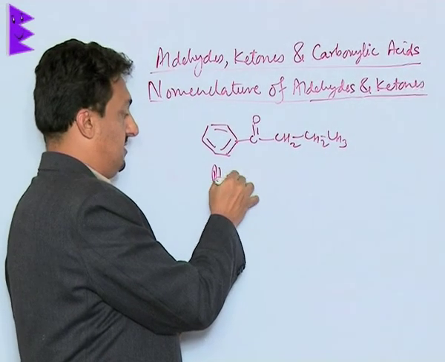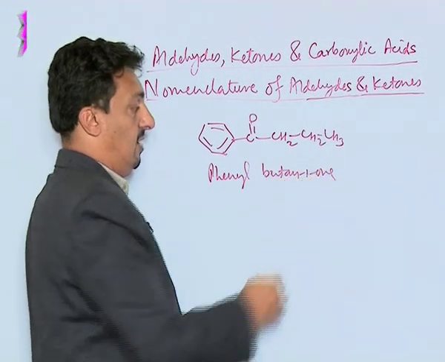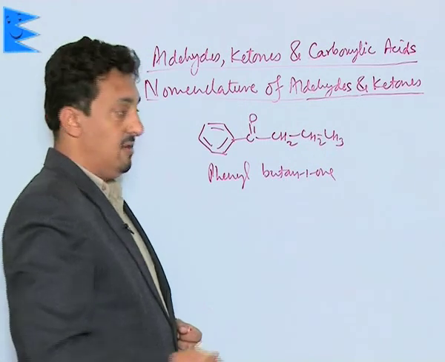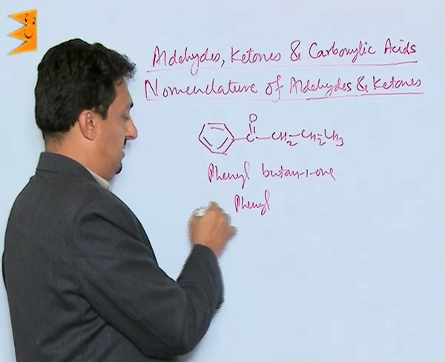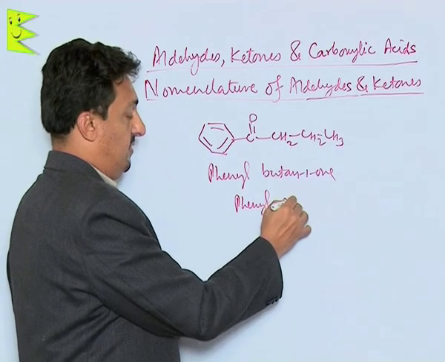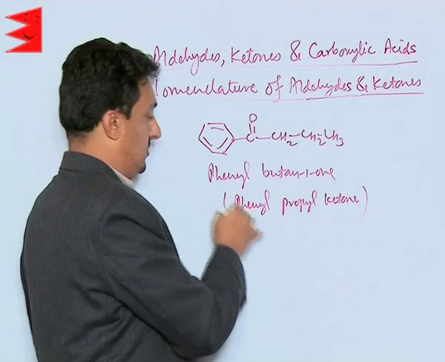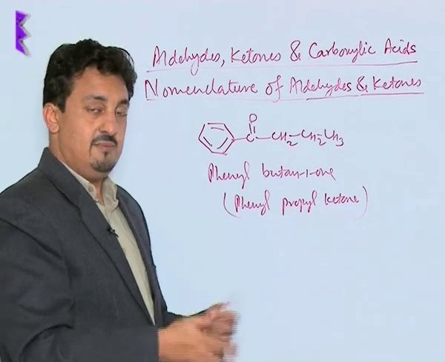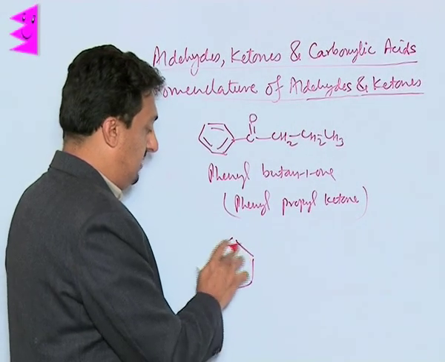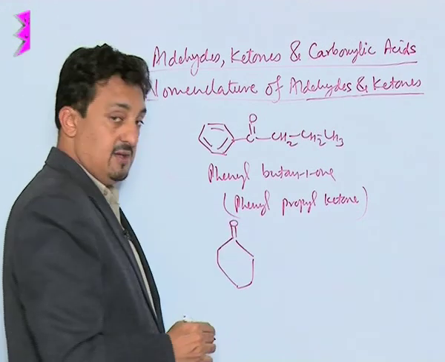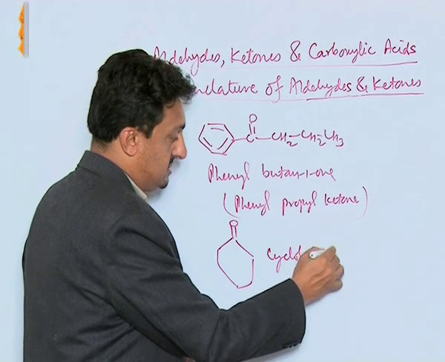We will call it phenylbutan-1-one, or it will be called propyl phenyl ketone. So this is how we name the different types of ketones. This ketone group can be a part of a cyclic group like this. So we call this one cyclohexanone.